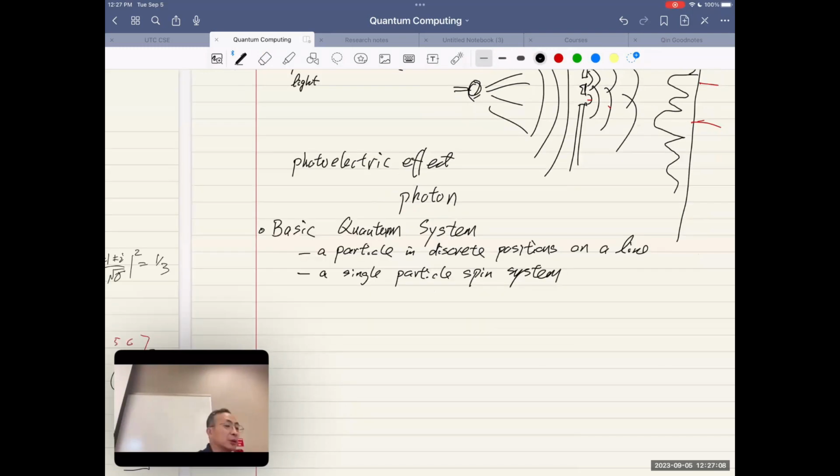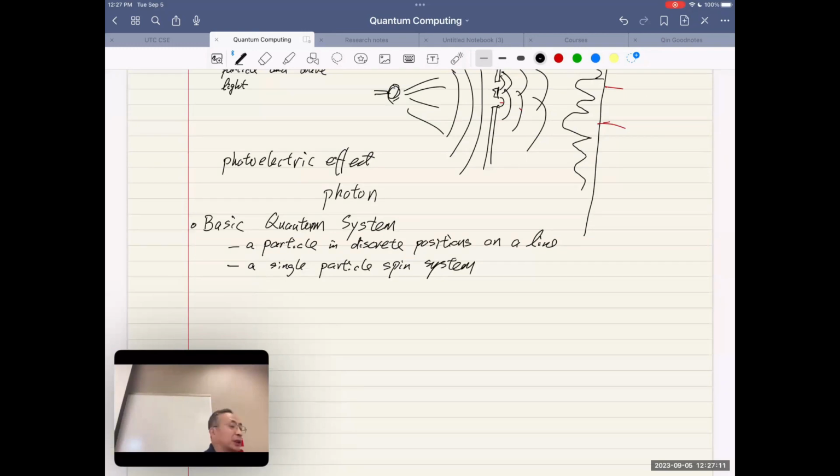So this is basically explained by a diagram: x0, x1, xi, all the way to xn. So basically there is a line here, and there are discrete states that the particle can be in.